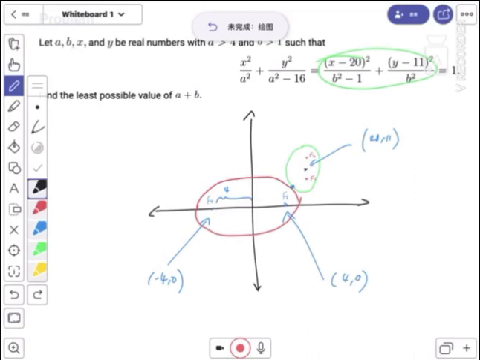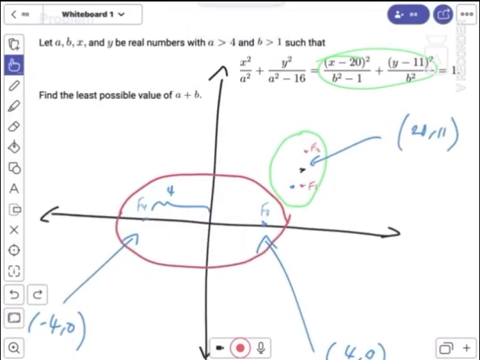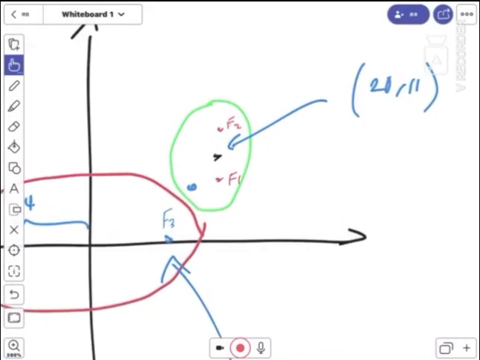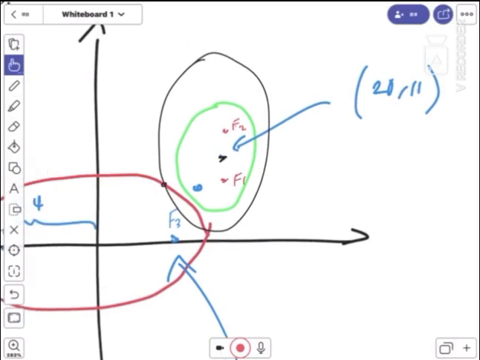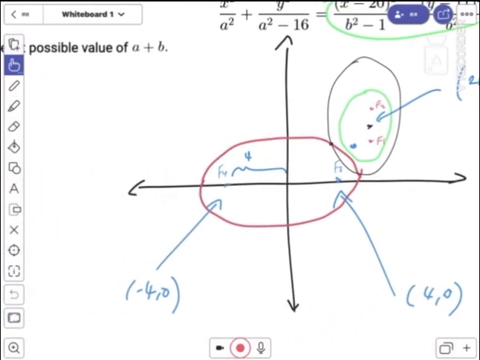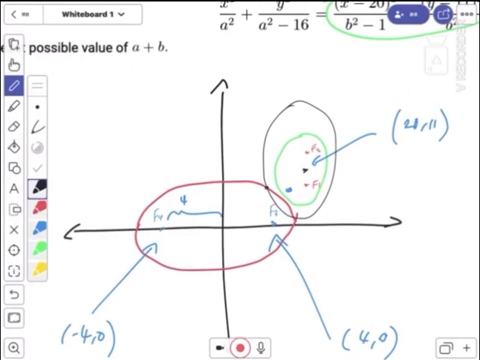So now let's move. Let's say we have another ellipse like this, then for this point, this is one scenario.